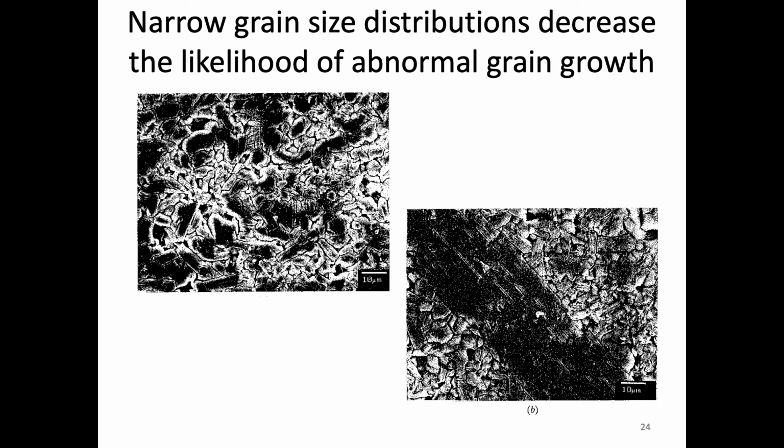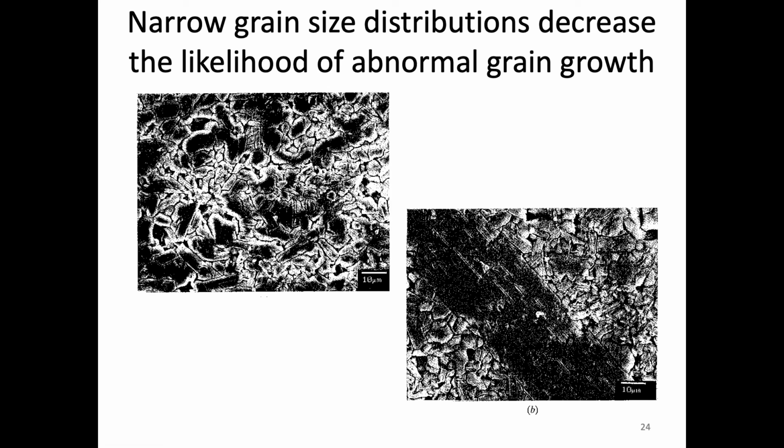Okay. So we mentioned the uniformity of the green microstructure, eliminating agglomerates. Well, the grain size distribution is also important. We want a very narrow grain size distribution, and another reason for that is because that will eliminate any sort of abnormal grain growth where we can get these huge particles to grow, and that can cause additional stresses and cracks and pores to occur.